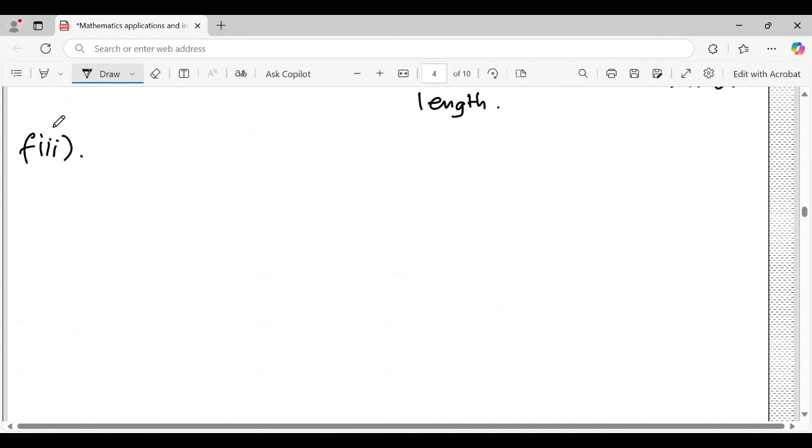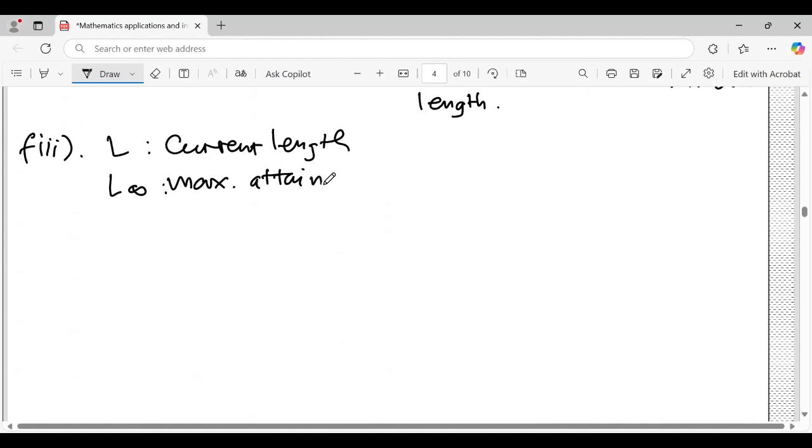Let's consider what each parameter represents. L is the current length of fish, and L infinity is the maximum attainable length.